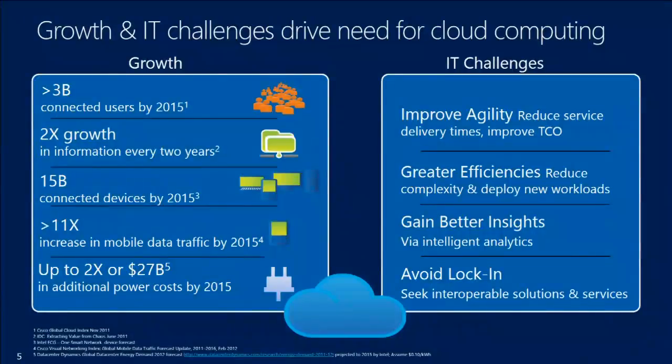Up here, I just wanted to outline some of the staggering statistics of information. We have 3 billion users piling onto the internet by 2015, according to IDC. 2x growth of our data every year, so 100%.